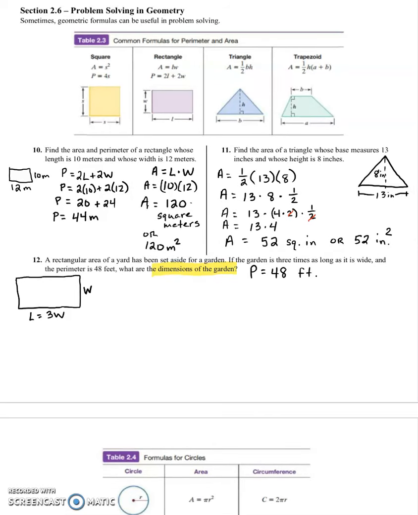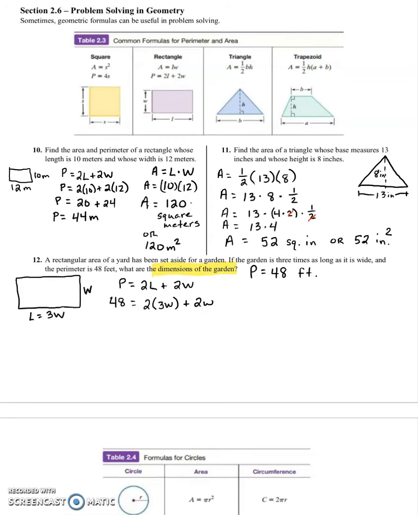So let's start with, we know that perimeter is 2 times the length plus 2 times the width. Now let's plug in. We know that our length, L, is the same thing as 3W, and the width is just a W. Oh, and we also know that the perimeter is 48 feet, so let's go ahead and put 48 feet in there.